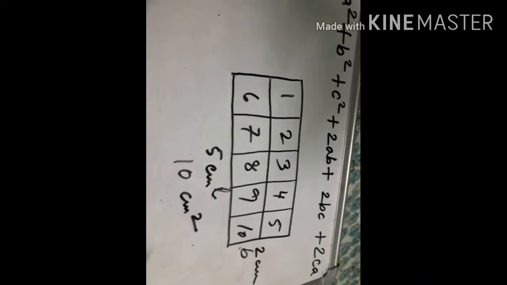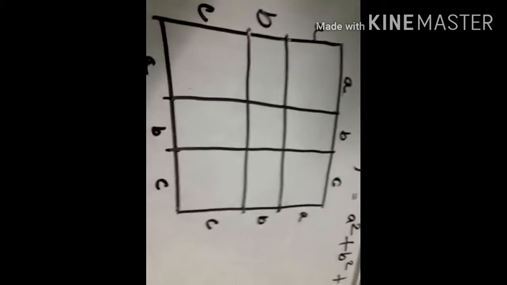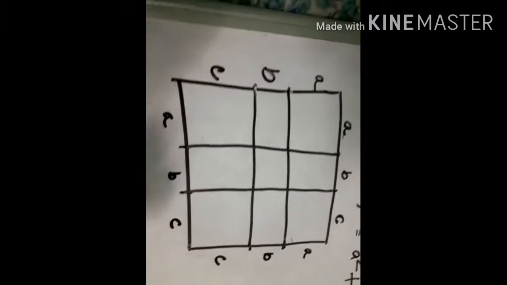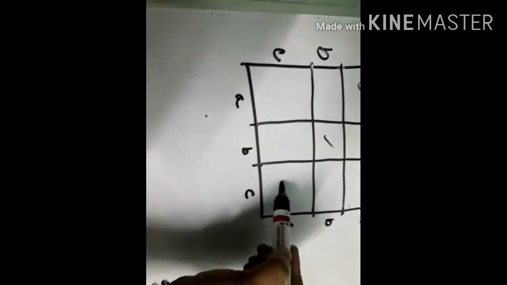Now see about a square. Suppose this is a square: 1 centimeter, 1 centimeter, 1 centimeter and 1 centimeter. So for a square, the area is side square, that is 1 centimeter square. See, in this way, in this figure, this is a square, and this is a square.